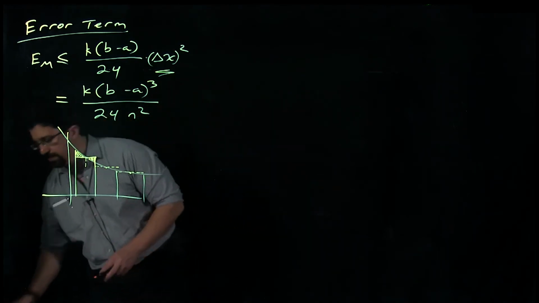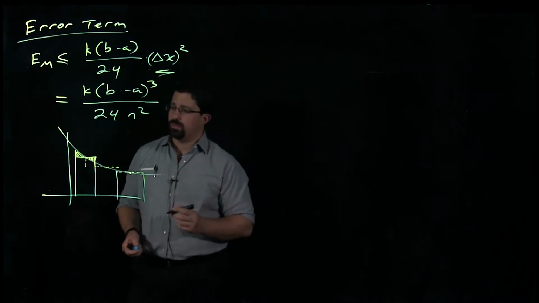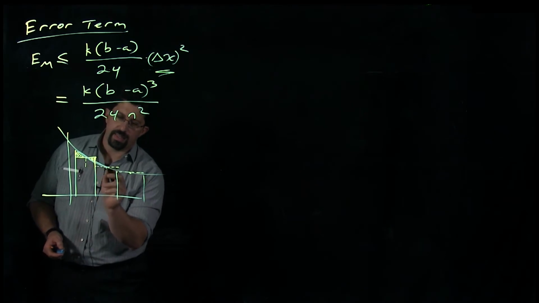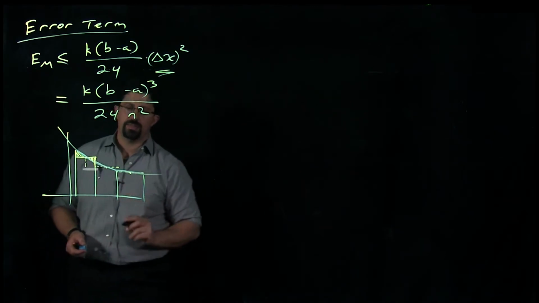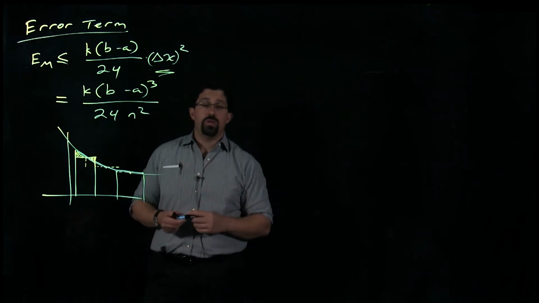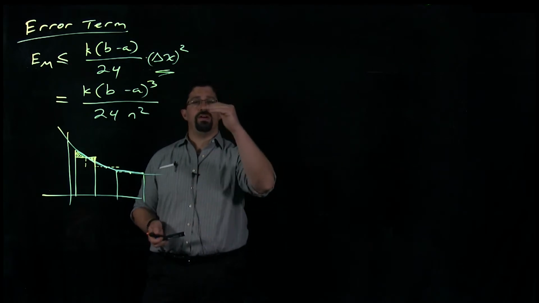On the other hand, if we decided to find this using the trapezoidal method, then when we connect these lines over here, because the function is concave up, these lines all lie above the graph.